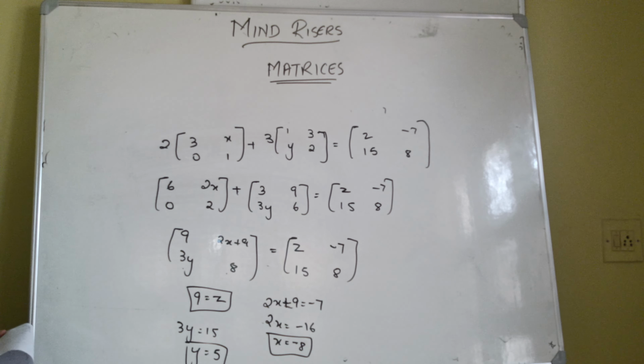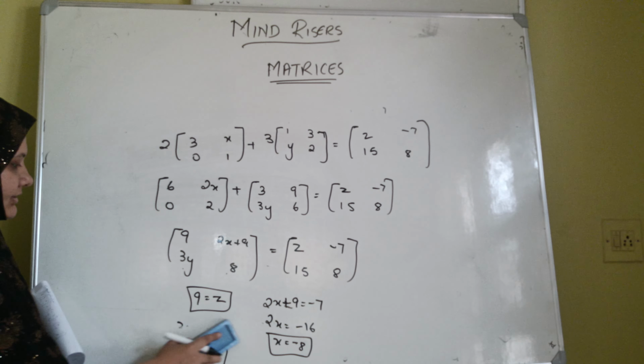Alright. So this was multiplication of matrices with numbers outside the matrix. Now let us learn how to multiply a matrix with a matrix.